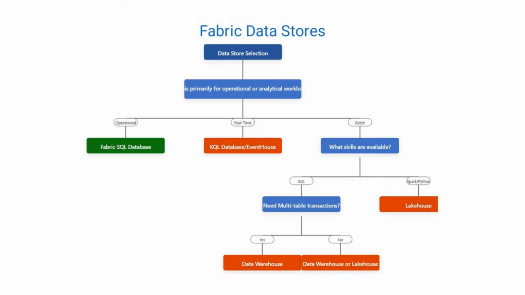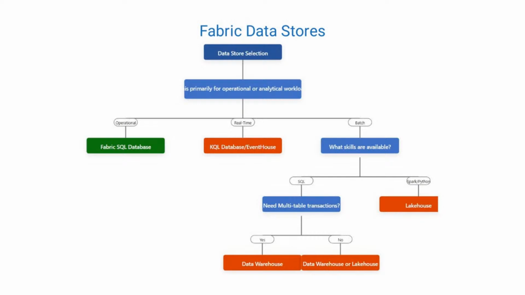So if your primary business case is an operational or analytics workload, if it's operational, you have to go to the Fabric SQL database. That's it, from the get-go. You're going to use the Fabric SQL database for any highly transactional systems. So if you're thinking of building an application, Fabric SQL database.